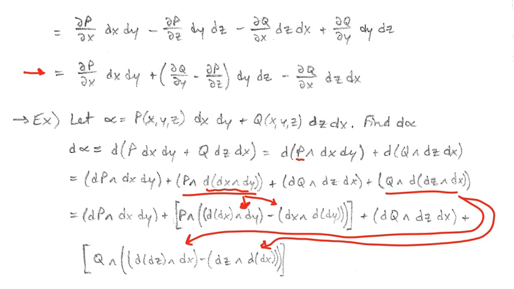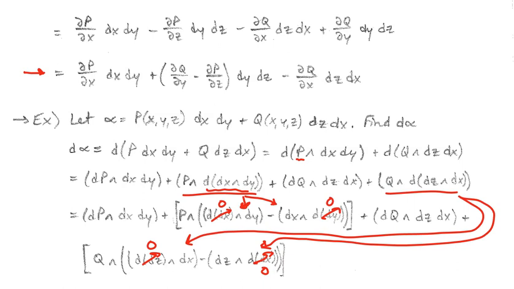Well, from property number 4 in our rules of differentiating these differential forms, d of dx, d of dy, and d of dz are all zeros. So this guy is a 0, this guy is a 0, that guy is a 0, and that guy is a 0 as well. And wedge products of anything in 0 are zeros, and 0 minus 0 is 0 as well.